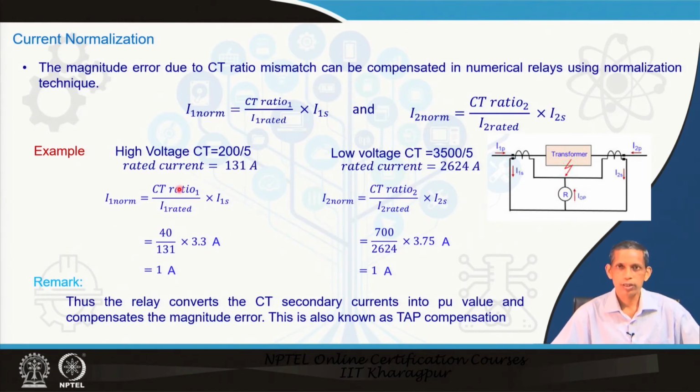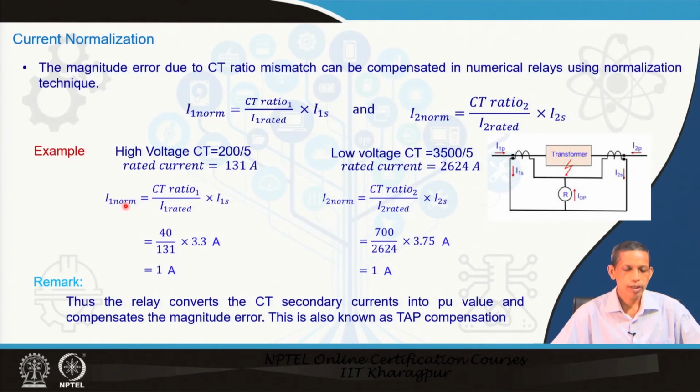Now, let us consider the example we considered for the 9 bus system, where we have the 50 MVA transformer. Note the conventions we are using, already mentioned, for this kind of CT polarity connections. The high voltage CT we have considered fixed at 200 is to 5, and the rated current we have already found is 131 ampere.